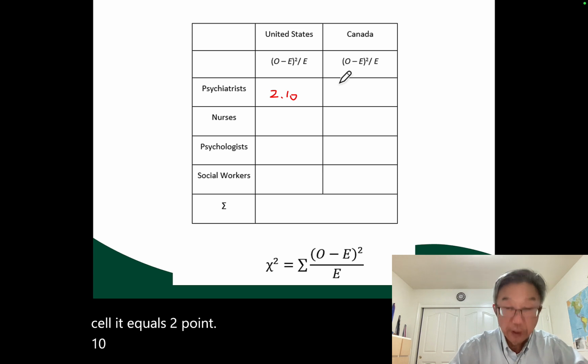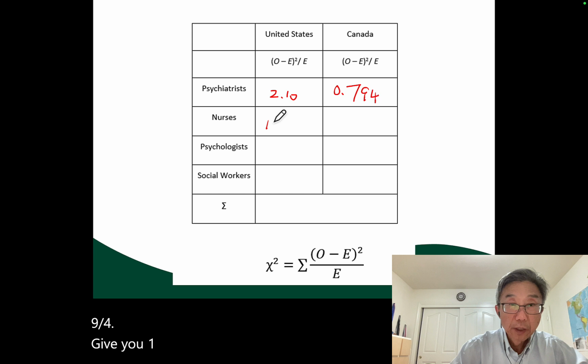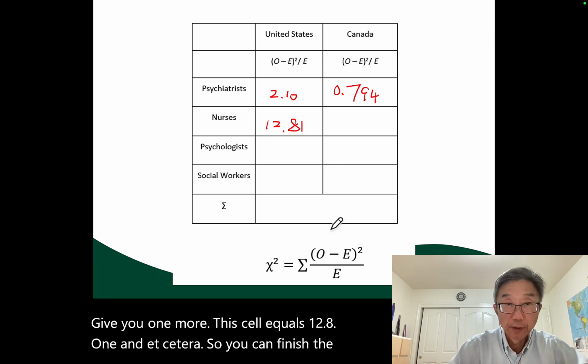For this cell, it equals 0.794. I'll give you one more. This cell equals 12.81. And so on. You can finish the rest of the calculation.